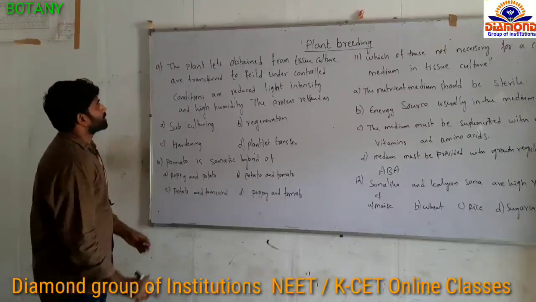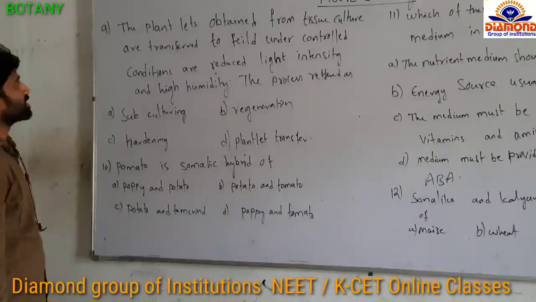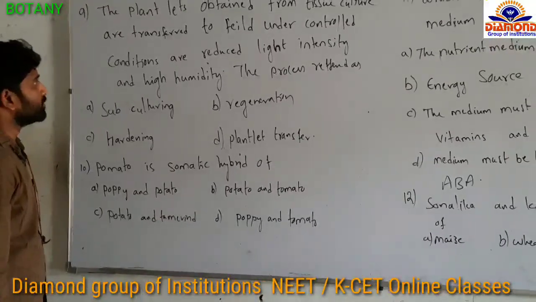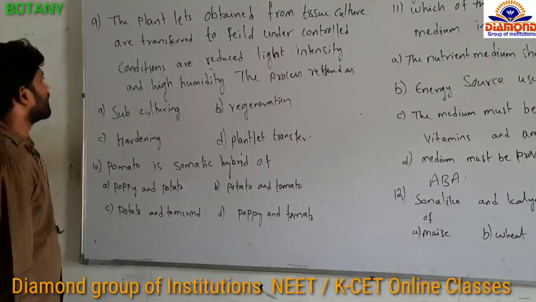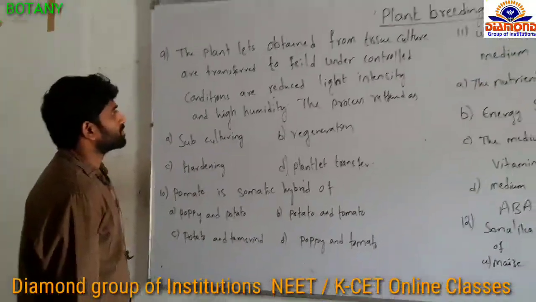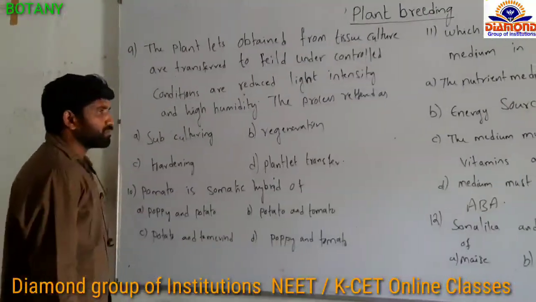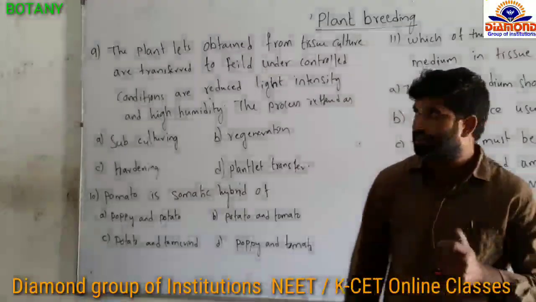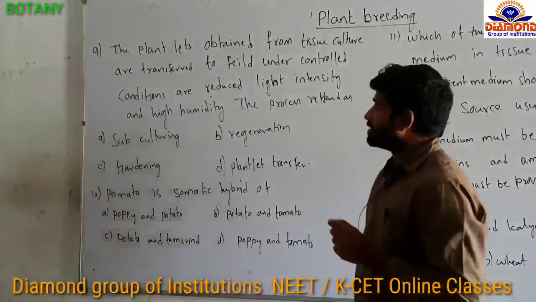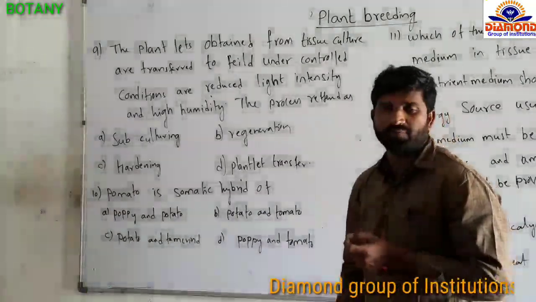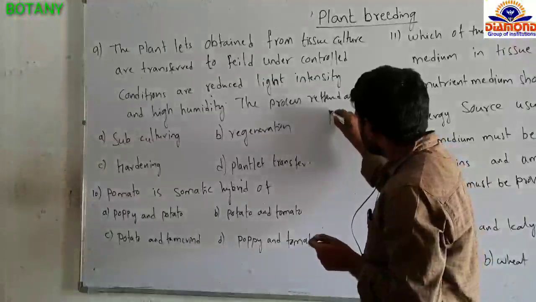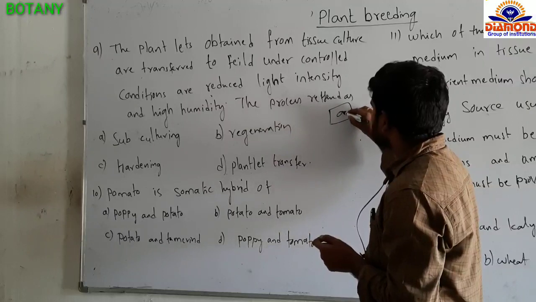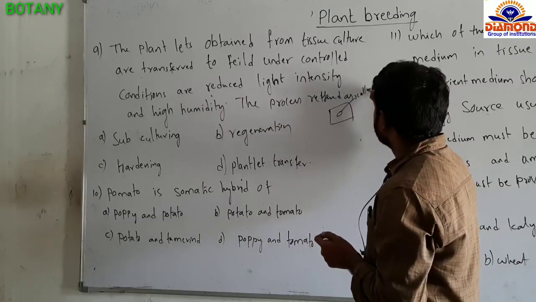The plantlets obtained from tissue culture are transferred to field under controlled conditions of reduced light intensity and high humidity. The process is referred to as. So the question is, after the completion of tissue culture, after transferring the callus explant into the nutrient media, from the explant an undifferentiated mass of tissue develops, that is called a callus.